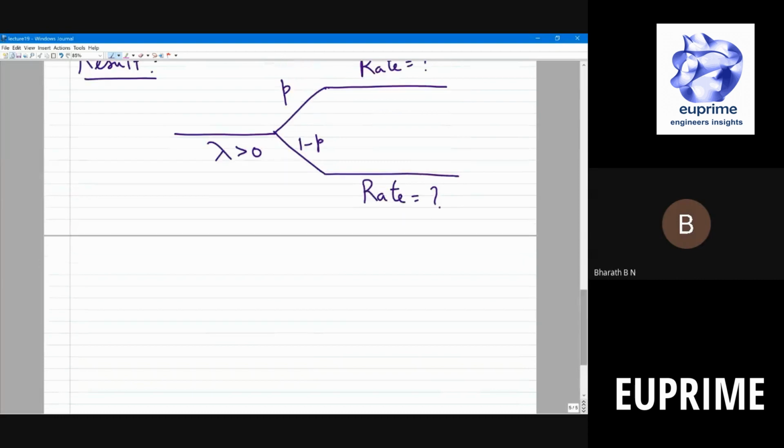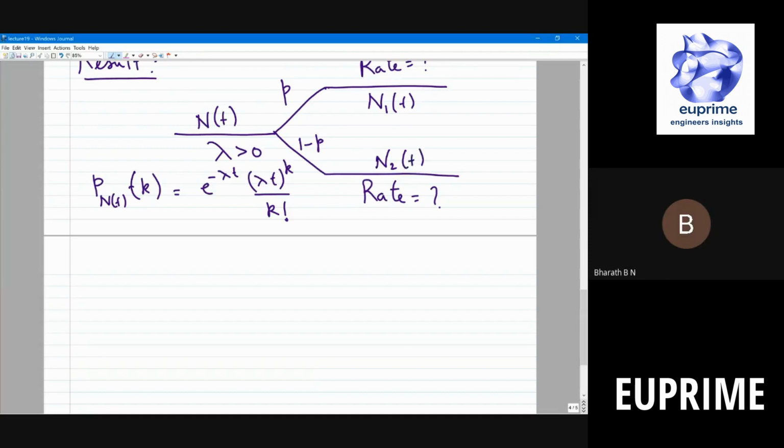Here, for example, N of t is the number of arrivals in t seconds, so P_{N(t)}(k) is e to the power minus lambda t, lambda t to the power k over k factorial, Poisson. Is this clear, everyone? Yes, sir. Let me call this N1 of t and this N2 of t, just the notation.